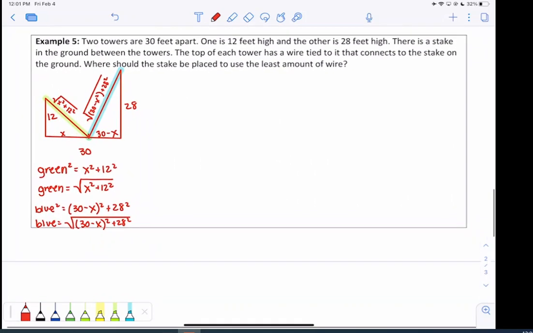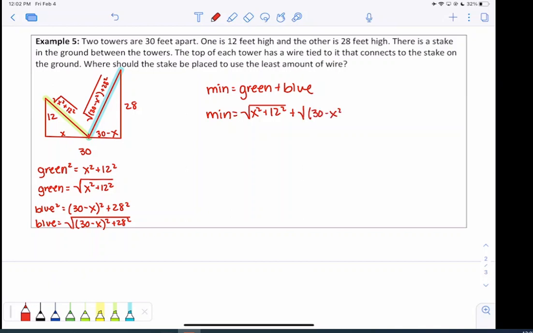All right. And so what am I trying to minimize again? The wire, which is green plus blue. I want to minimize that, and we found out that green is the square root of x squared plus 12 squared. I'm already sensing the excitement of when we're going to differentiate this.